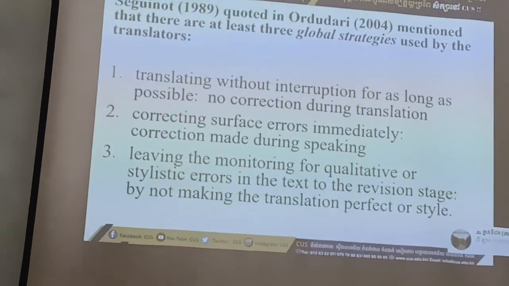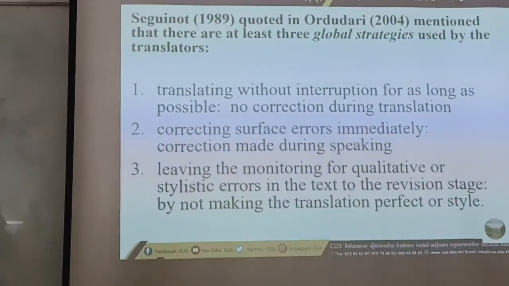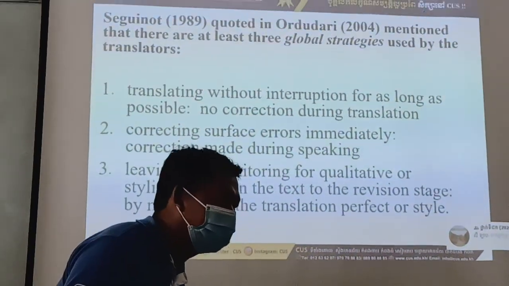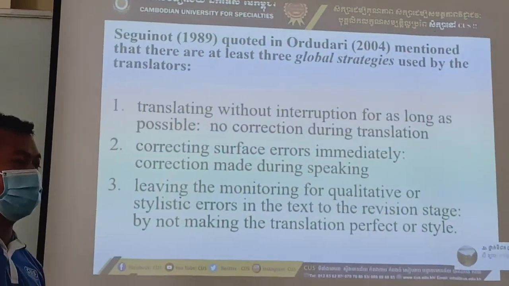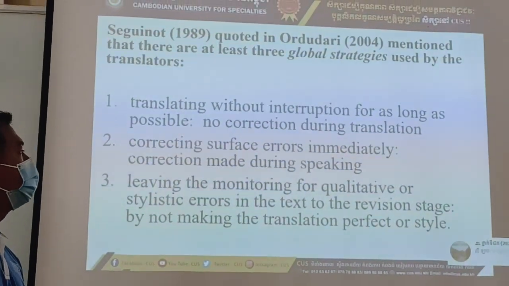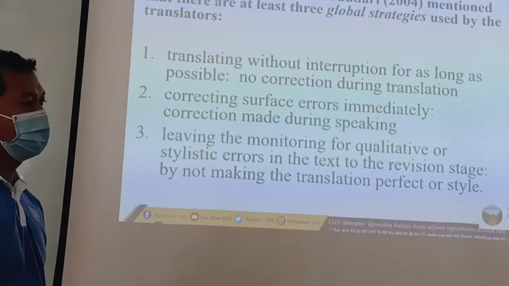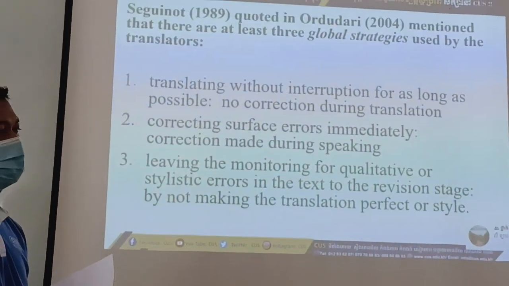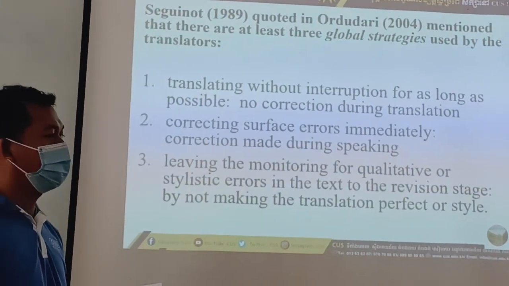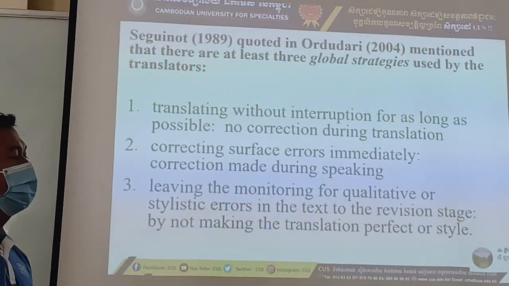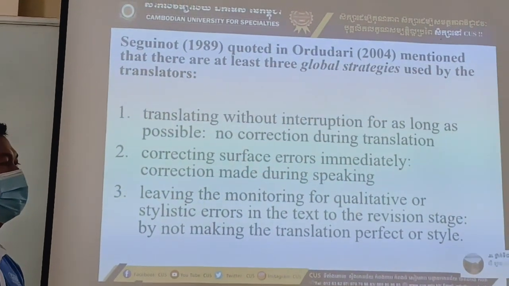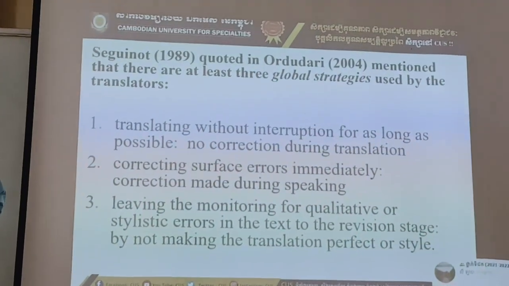Example in the interpretation field. During interpreting, you make a mistake and then you just keep going in the hope that next time you can correct it. For example, you interpret this thing and then you know this is a mistake, but it's not a good time for you to correct it.